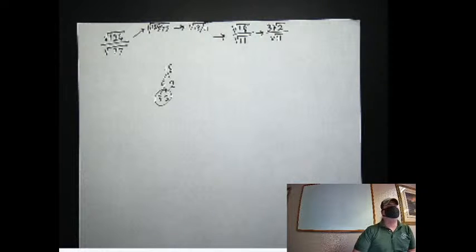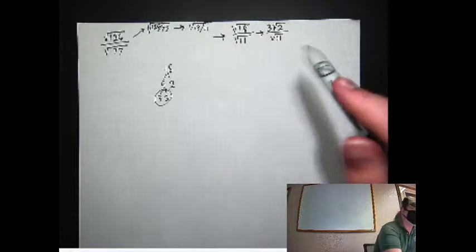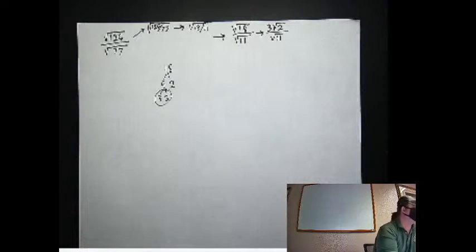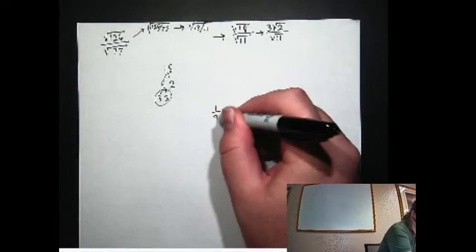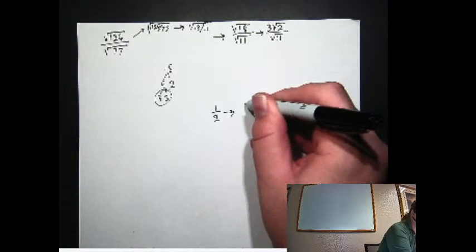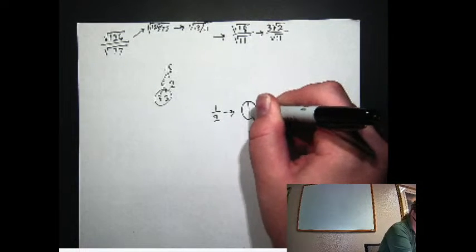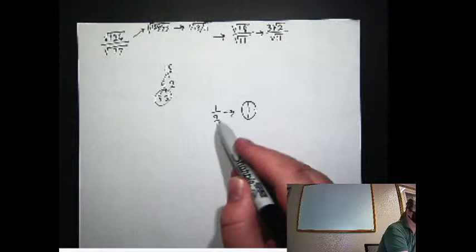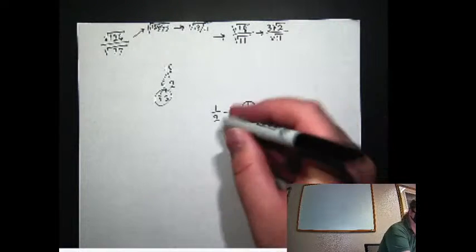And in math, we really don't like having irrational numbers in the bottom of our fraction. The reason why is because you think about 1/2. 1/2 is telling us that we have a pie cut into 2 pieces. So 2 shows us how many pieces we have in this pie.